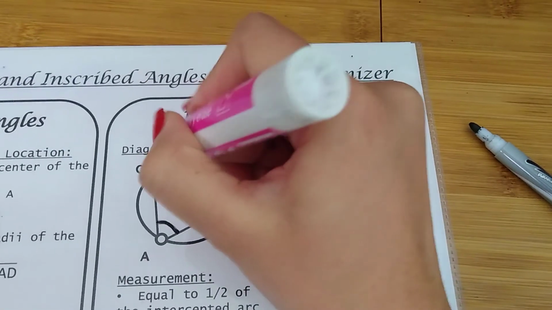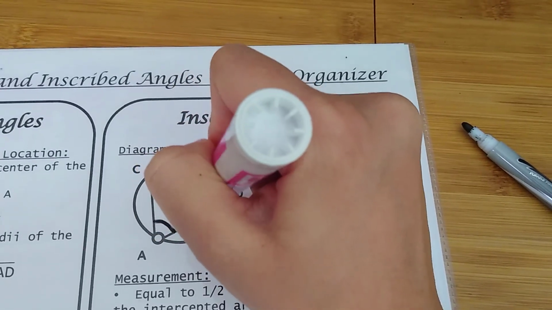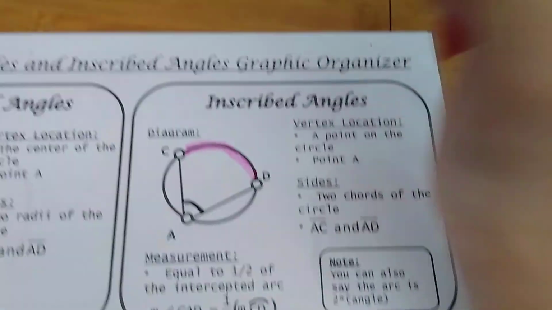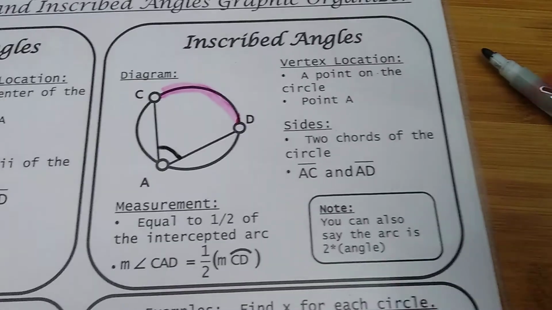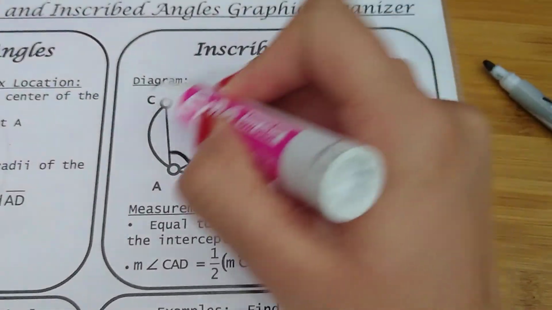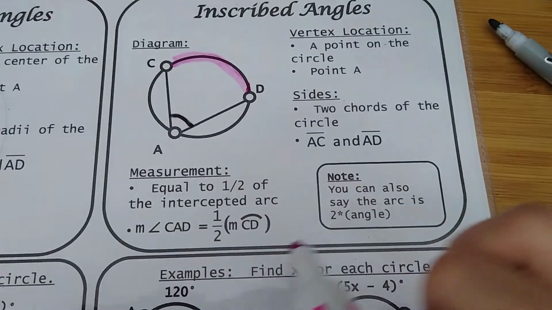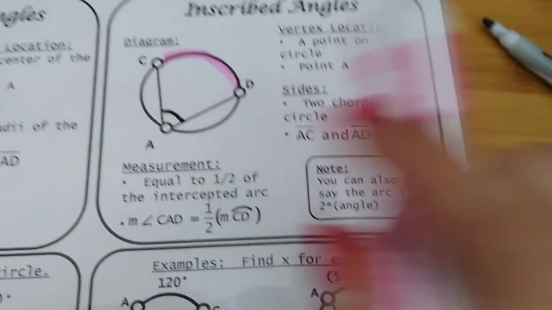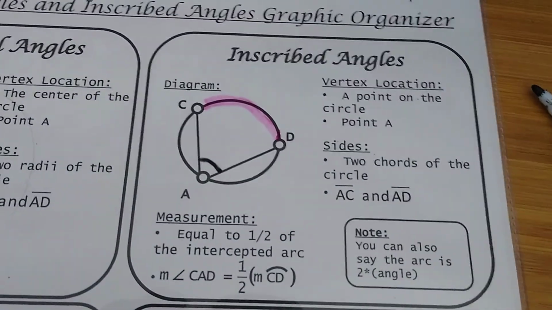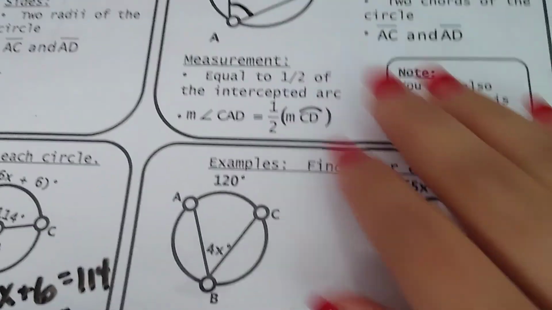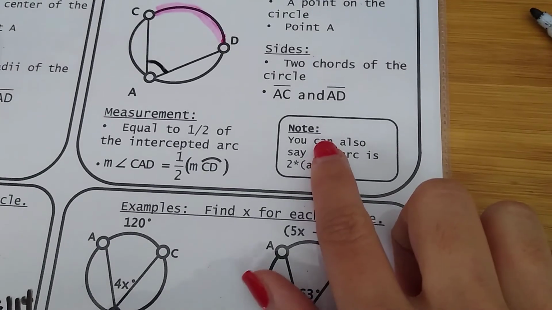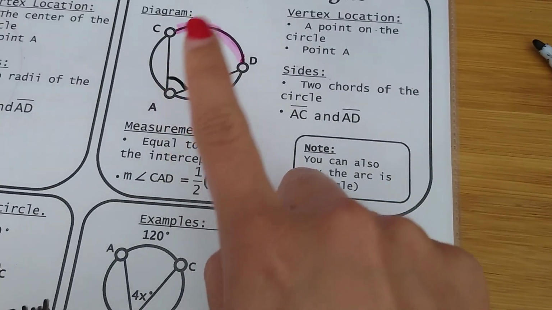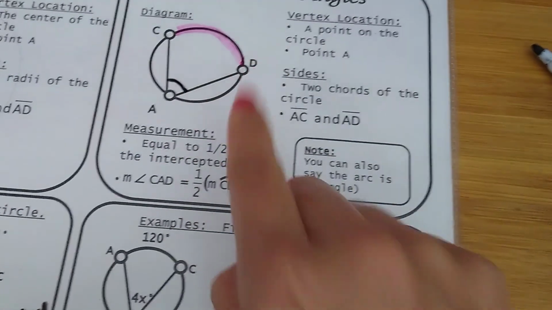This is the intercepted arc, and it's equal to 1/2 of this arc. So in this case, the measure of angle CAD is equal to 1/2 the measure of arc CD. Here's a quick note: it says you can also say the arc is 2 times the angle. That's another way to look at it.